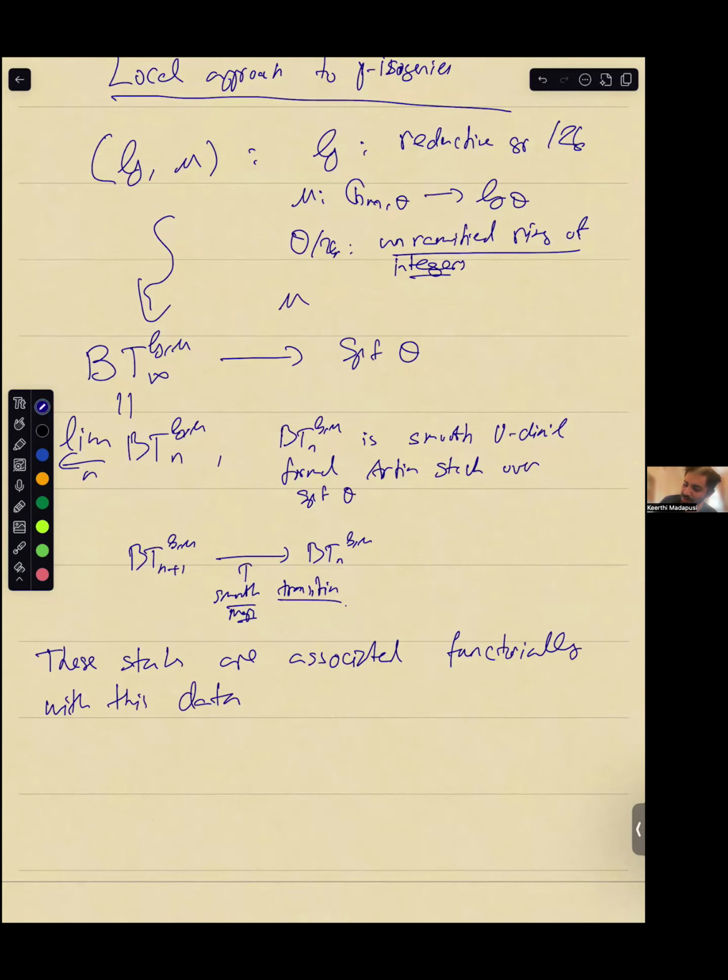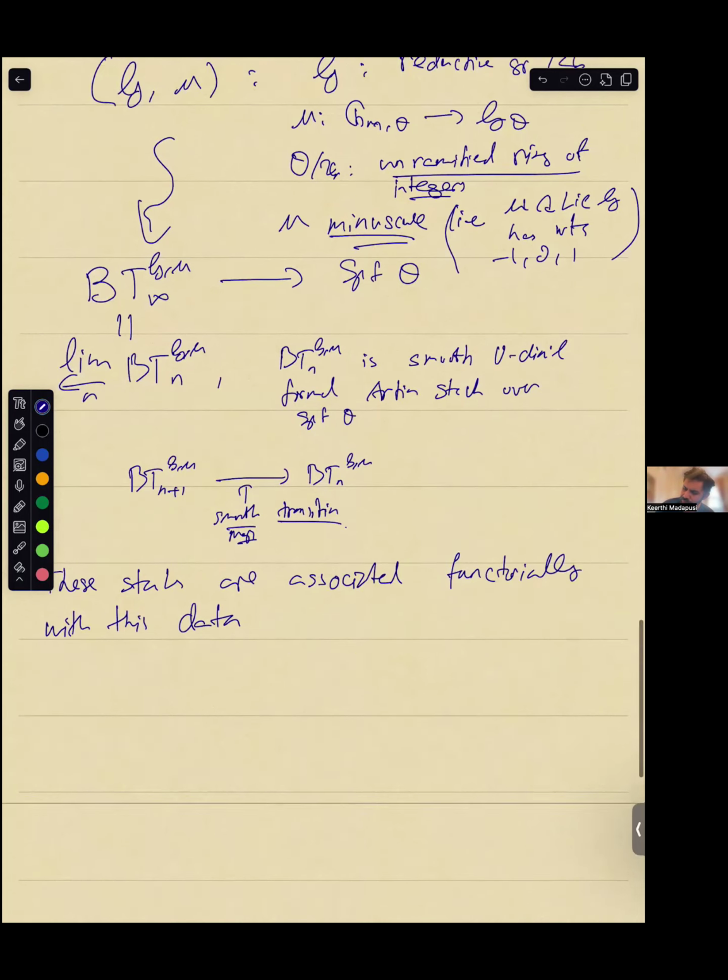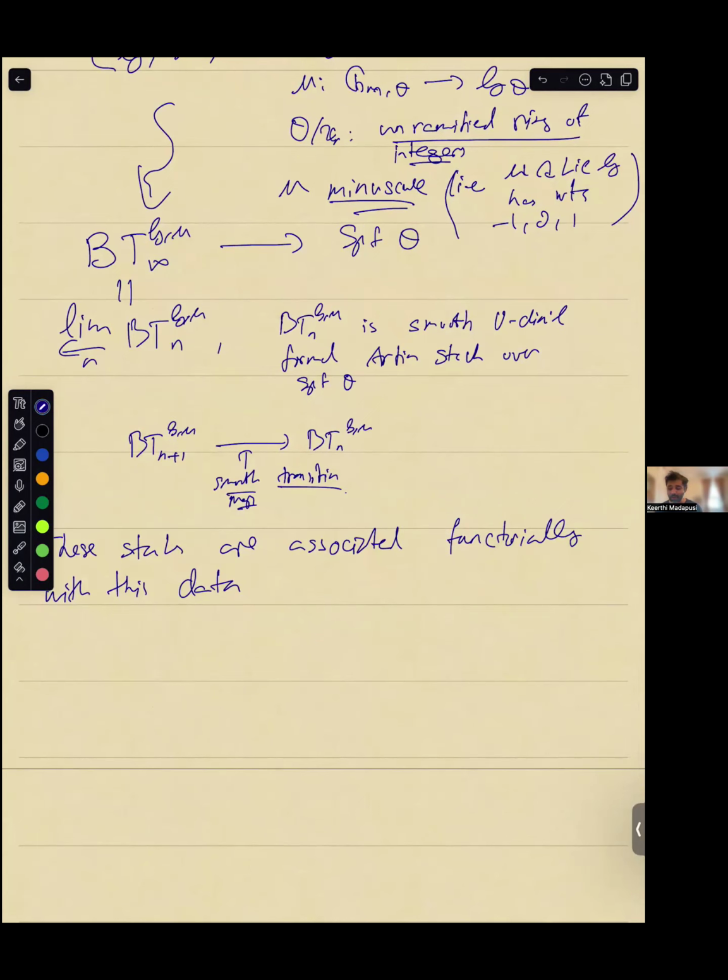I need mu to be minuscule, i.e., the action of mu on the Lie algebra of G with the adjoint action has weights -1, 0, 1. So this is a local version of the condition that gives you Shimura varieties. We're carrying that along. Okay, so these stacks are associated functorially with this data.